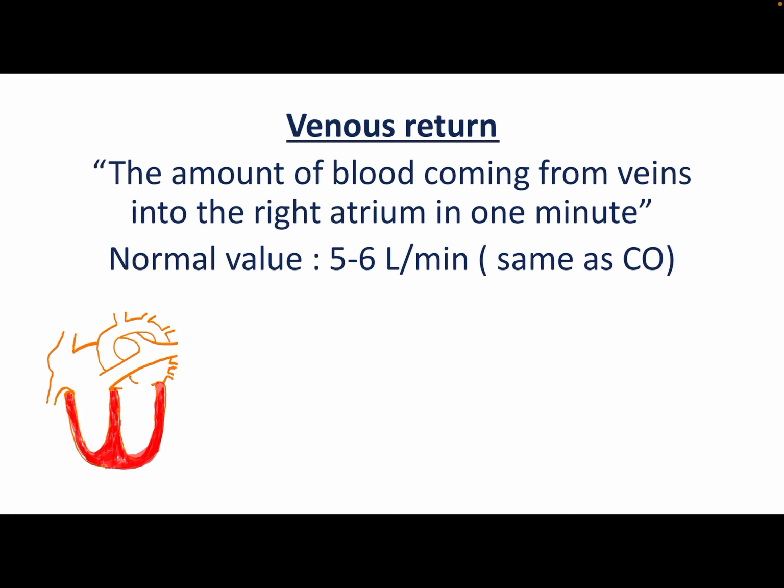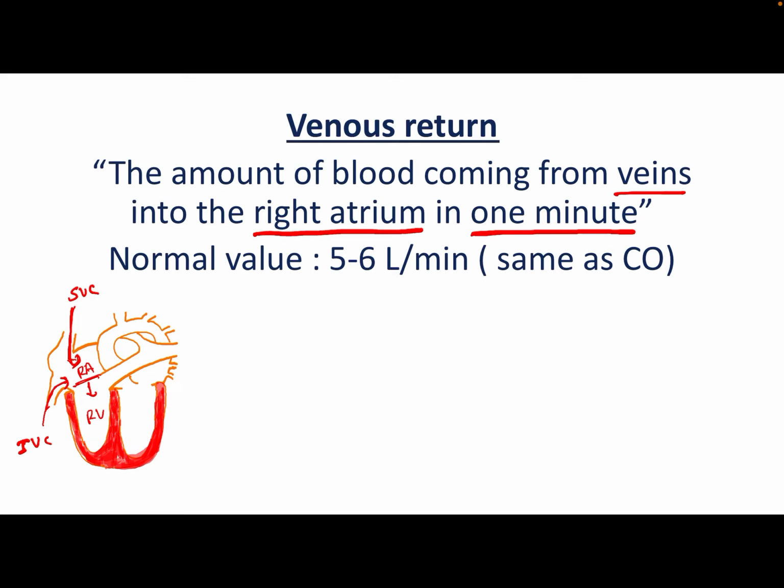Then venous return. It is the amount of blood coming from the veins into the right atrium in 1 minute. This is the superior vena cava and this is the inferior vena cava. They pour blood into the right atrium, and it pours blood into the right ventricle. So the amount of blood coming from the veins, that is the superior vena cava and inferior vena cava, into the right atrium in 1 minute.